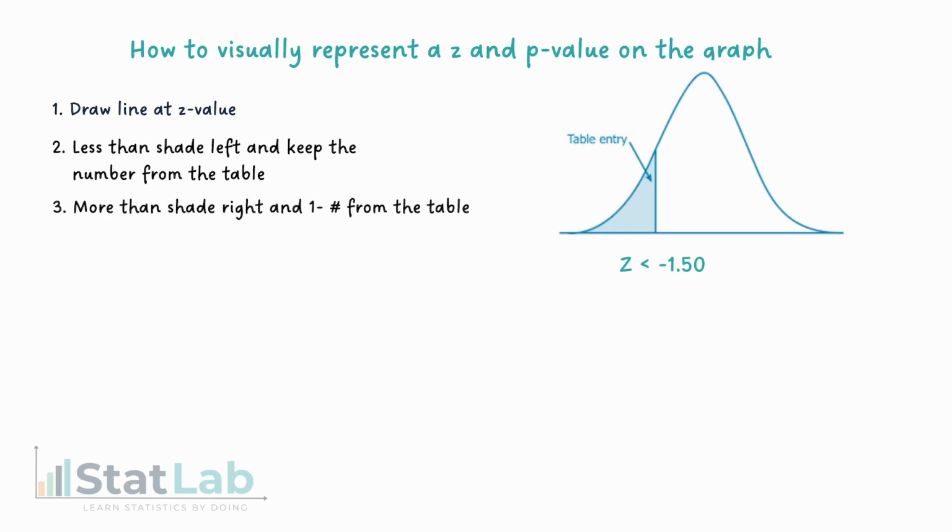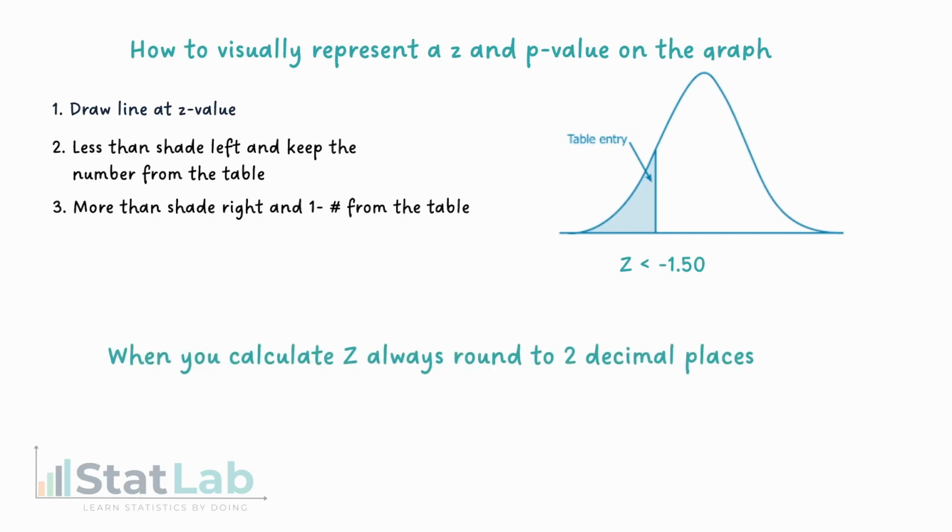But if the question asked you for more than, you would have to shade the right side. So the side that we left white in this case would be the side that we would want. And in order to get the answer for that, we would need to do 1 minus the number that the table gives us. One more fact that I want to point out before we go and look at a table is that when you calculate z, you always want to round it to 2 decimal places, and that'll make a lot more sense in a minute when we look at a table.